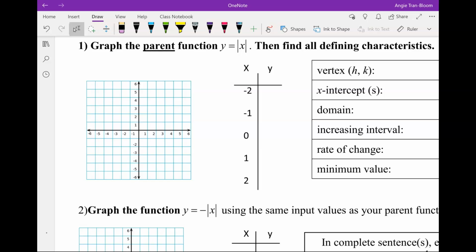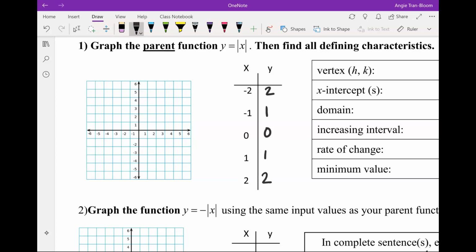Dahlia, what are your 5 outputs, hon? Is it -1 and -2? It's 1 and 2 because absolute value of all numbers will always be what? Positive. All right, so class is 1 and 2.